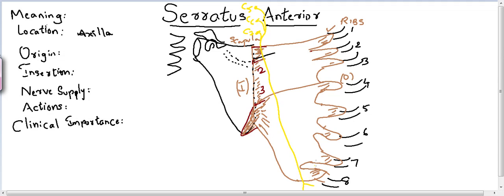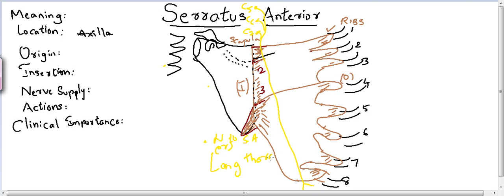Descending along the side of the thorax in the mid-axillary line, it supplies serratus anterior. Therefore, the name of the nerve is nerve to serratus anterior. Since it is descending along the thorax, we can also call it the long thoracic nerve. This is the fancy name for this.